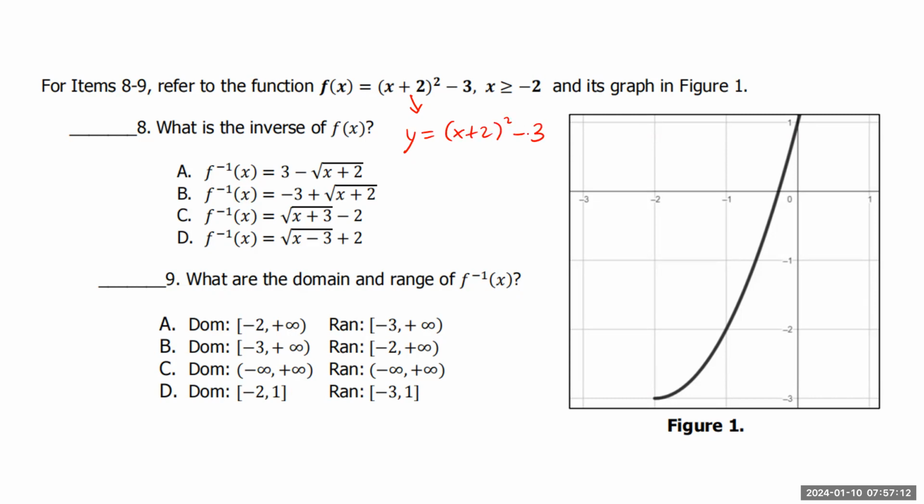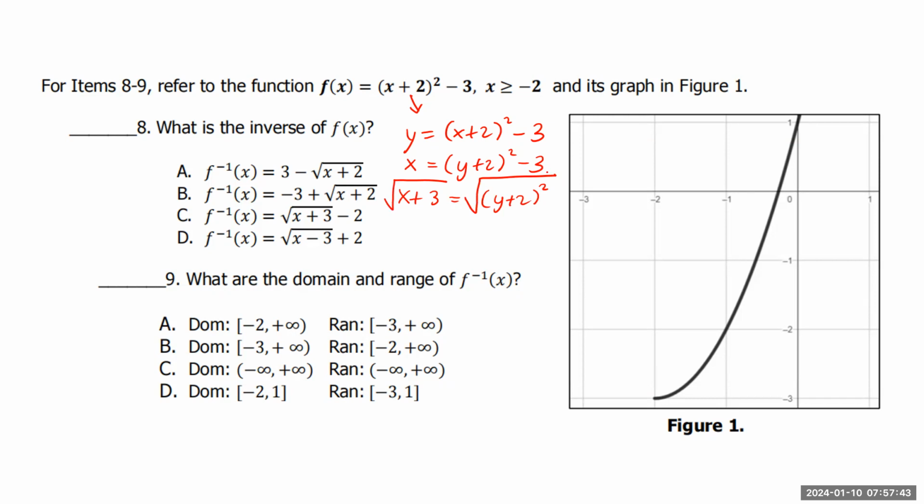Once we have y, we can now interchange x and y. And what we are going to do is isolate y, either on the left or right side. So minus 3 is moved to the other side: x plus 3 equals (y plus 2) squared. To eliminate the exponent 2, we need to get the square root of both sides.